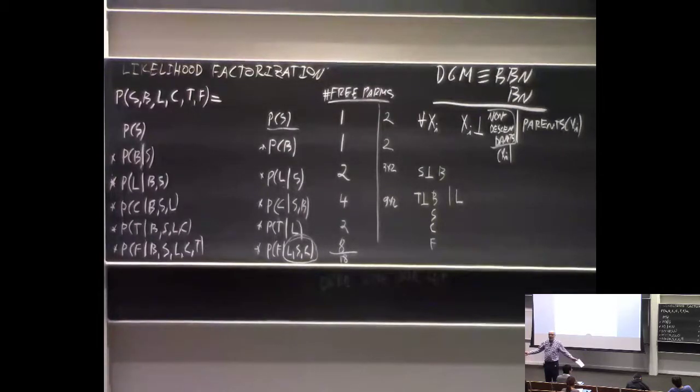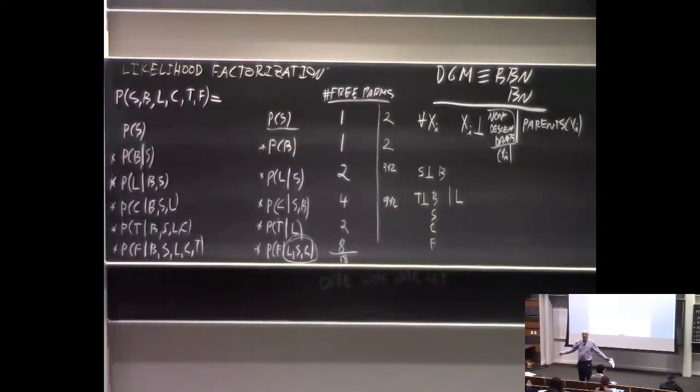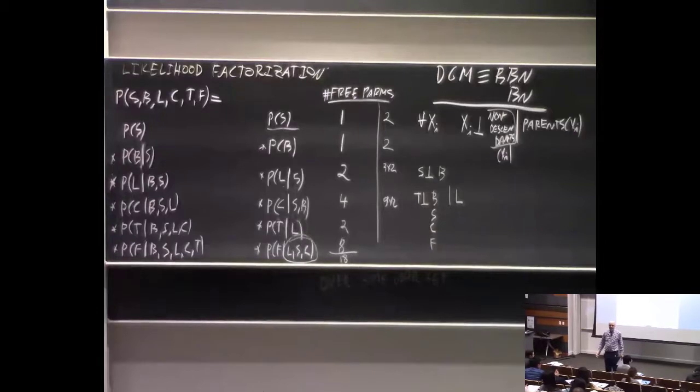If you have 100 nodes, let's say 100 binary variables, and in one network, each node has 5 parents. In another network, most nodes have 1 or 2 parents, but one node has 20 parents.